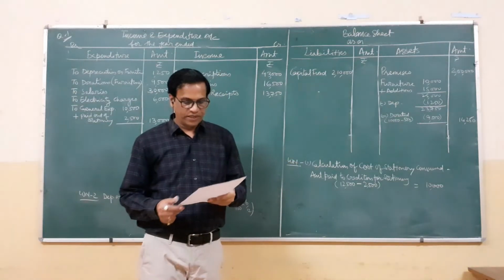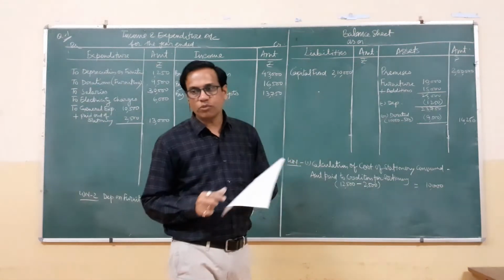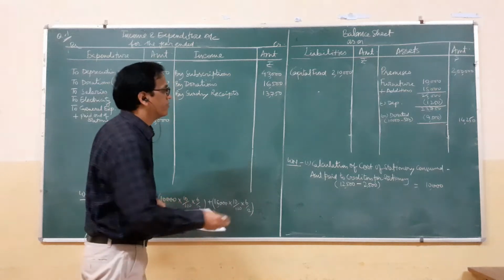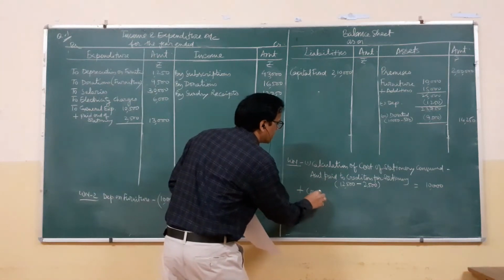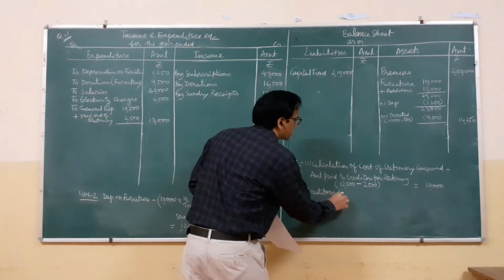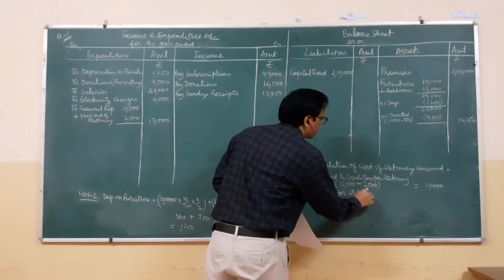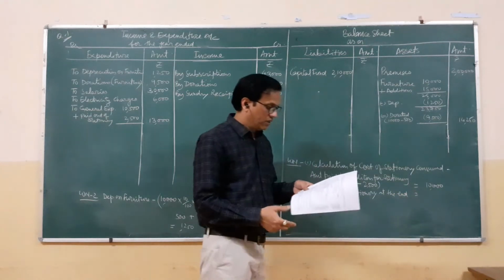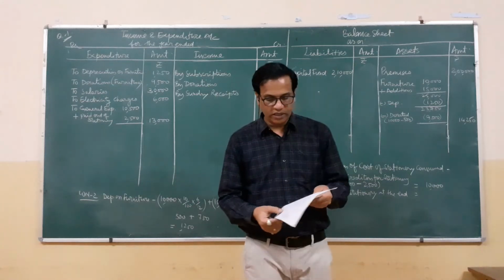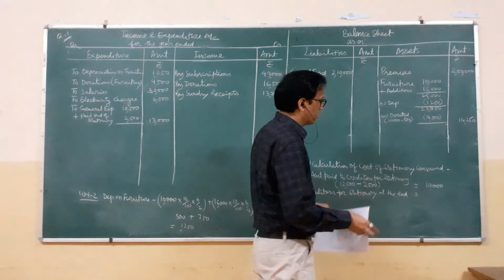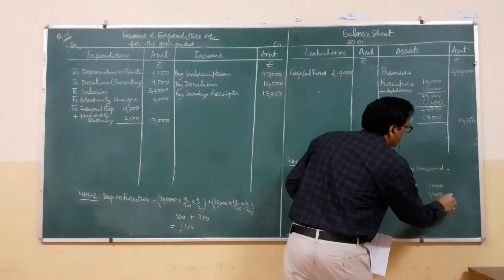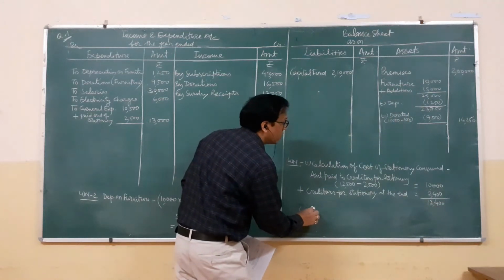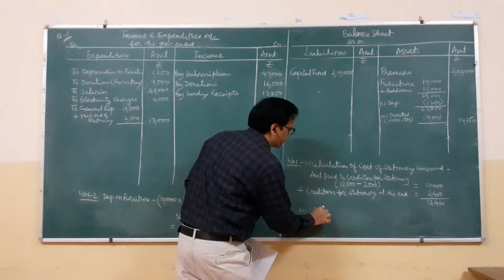So 10,000 paid. Then what is the other item to be added? We add creditors for stationery at the end. That's given to us in adjustment number 2, on 31st March 2020, the creditors for stationery were 2,400. 2,400 plus, here the total amount is 12,400, and then we subtract closing stock of stationery.